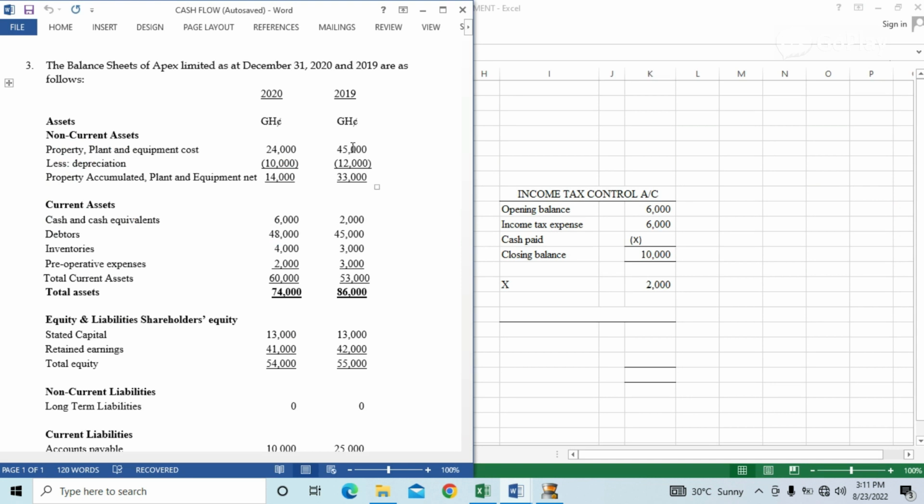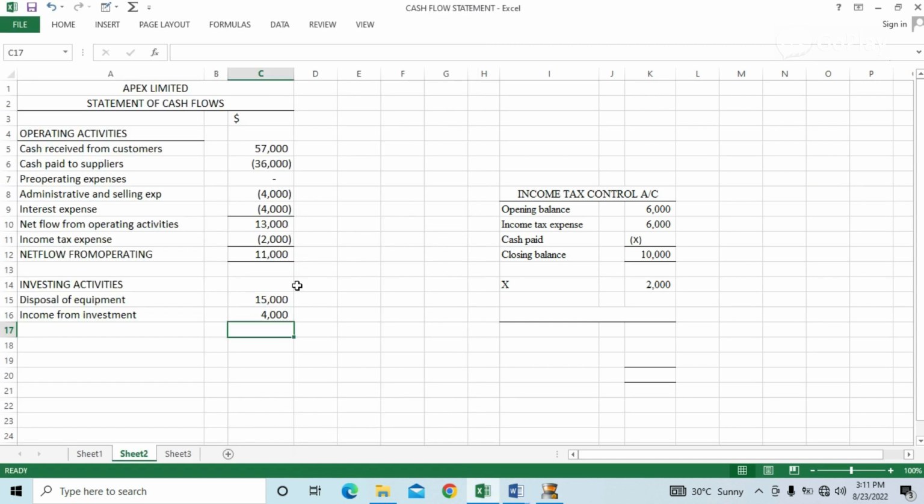So virtually no asset was purchased. So that ends the investing activity. There are only two. So we will sum the investing activities. So we get 19,000 from investing activity.